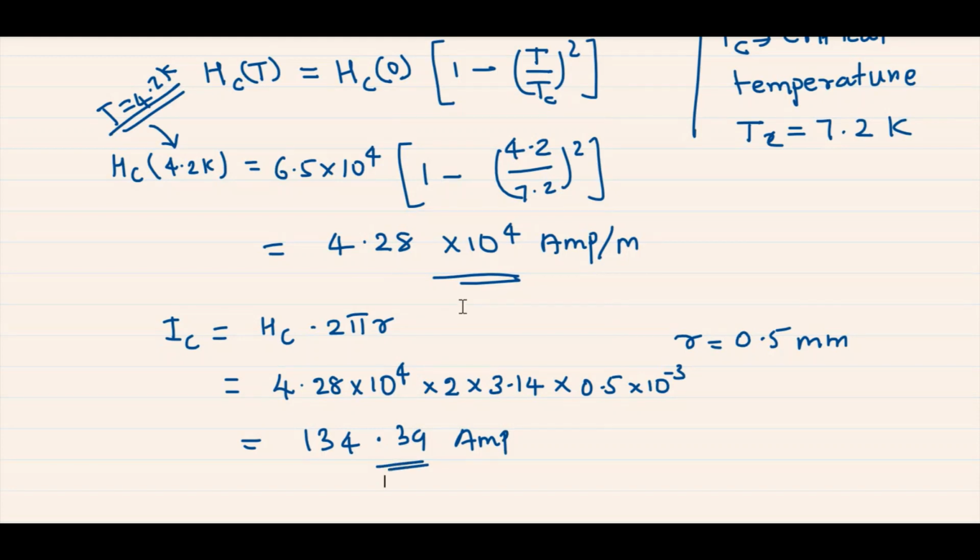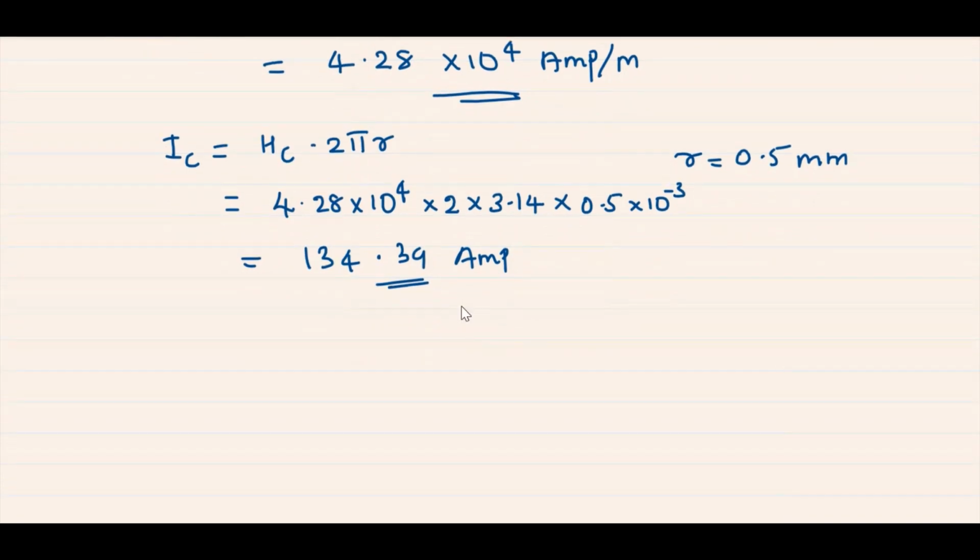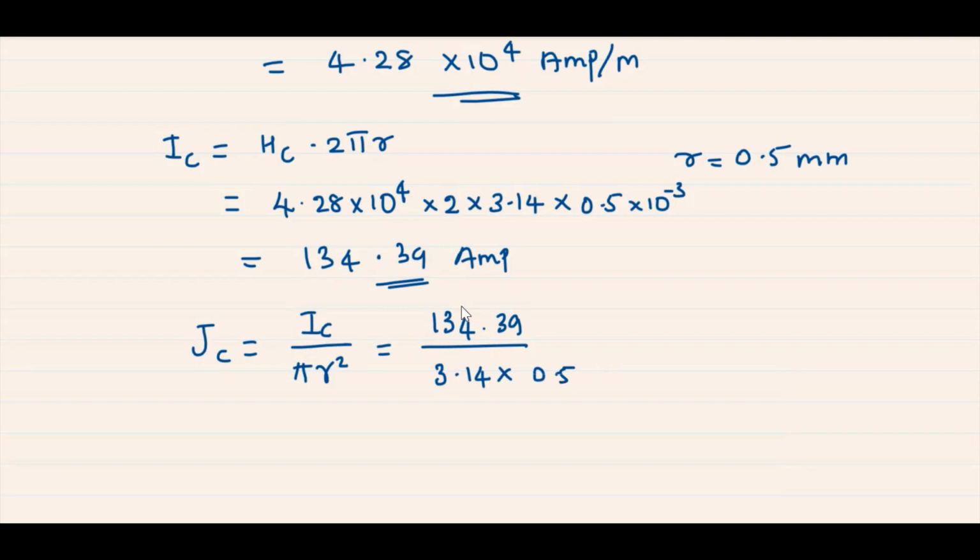Now Jc, the critical current density, equals Ic, the critical current, divided by the area pi r square. So Ic is 134.39 divided by 3.14 into r square, where r is 0.5 into 10 power minus 3, whole square.